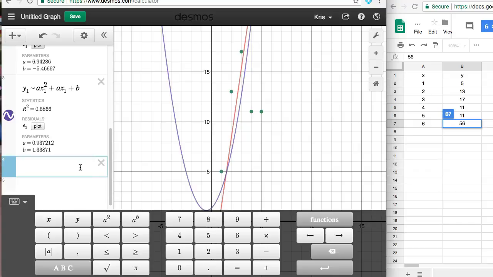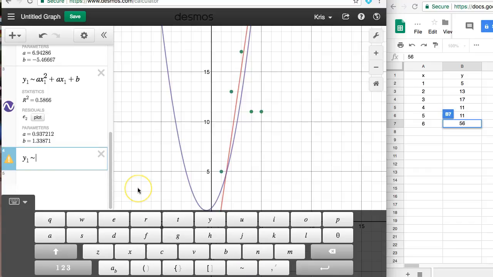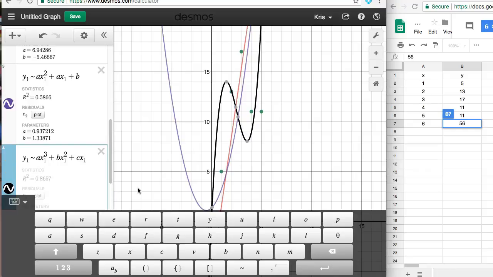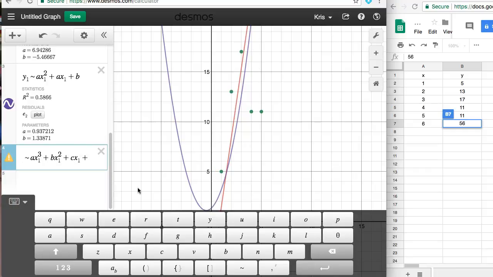And now we'll go in and do cubic. So it's y sub 1 tilde, and then we need ax sub 1, and then we need it to the third power this time, and then plus bx sub 1 to the second power, and then plus cx sub 1, and then plus d.